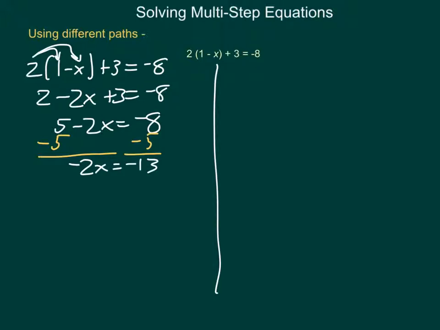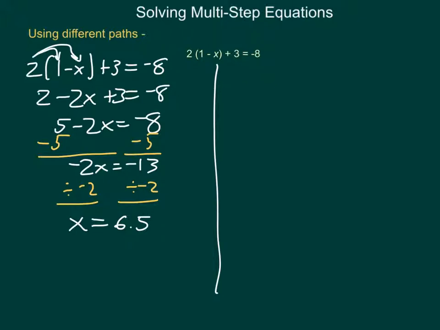Do I have any division or multiplication? Yes, I have multiplication, so I'm going to divide both sides by negative 2. And that gives me a final value of x equaling 6 5/10, or 6 1/2. So that's one method. Distribute first, combine our like terms, then follow SAD/MAG.